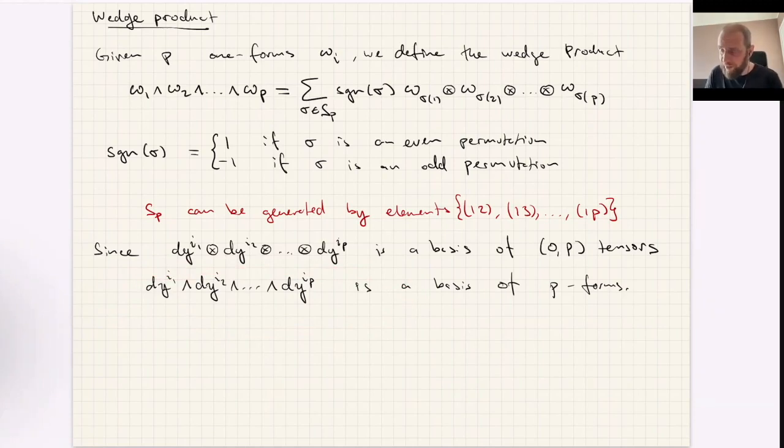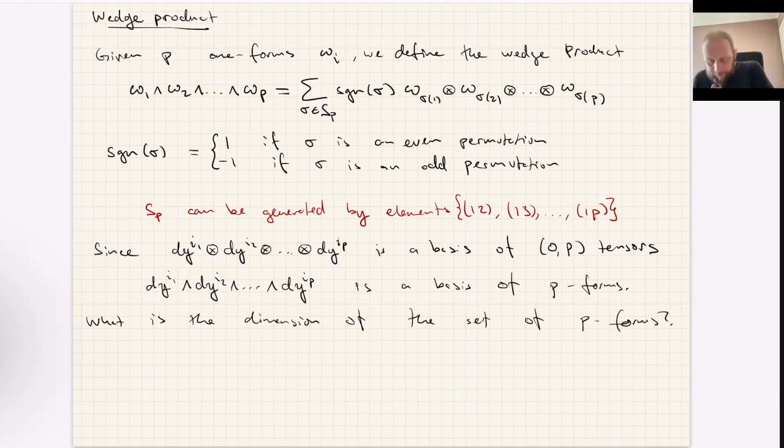But if you take them all, you will have a basis. You can reduce that basis to a particular number. So how many do we need of them? What is the dimension of the set of p-forms in n dimensions, if we are describing a space for which we need n coordinates?